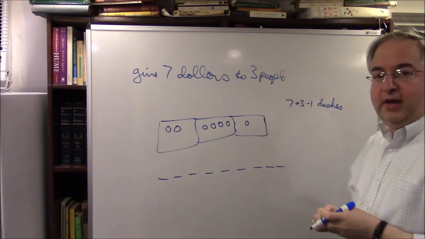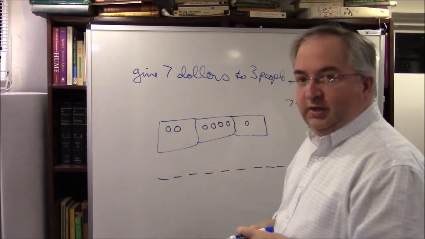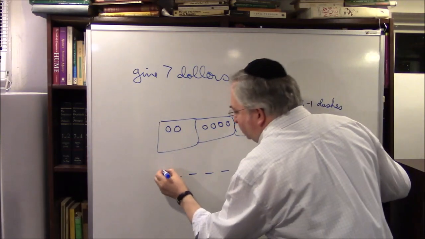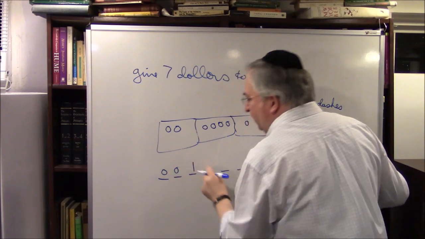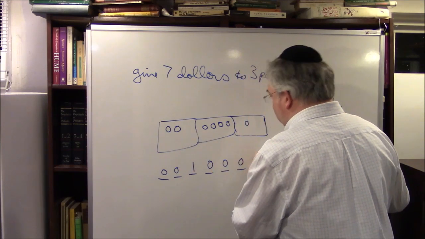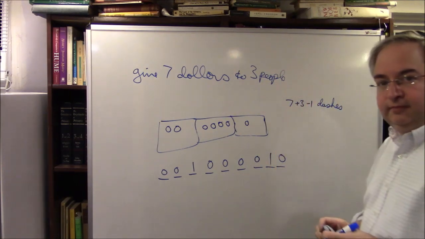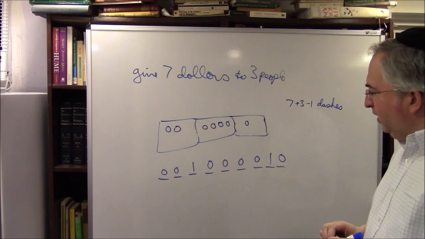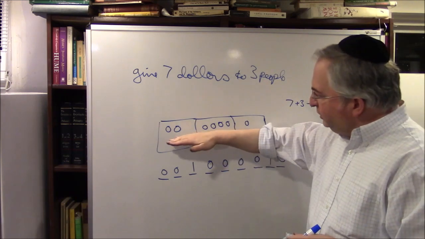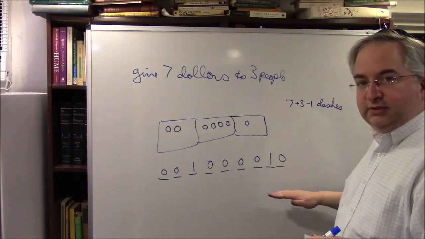Now, I'm going to describe this way of separating it as follows. 0, 0, 1, that's a barrier. 0, 0, 0, 0, 1, that's a barrier. 0. This way of distributing the dollars will be represented by this.